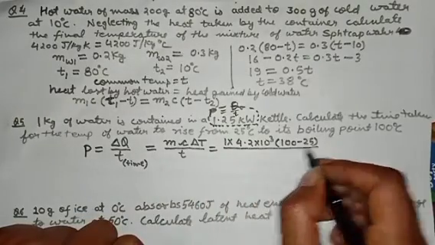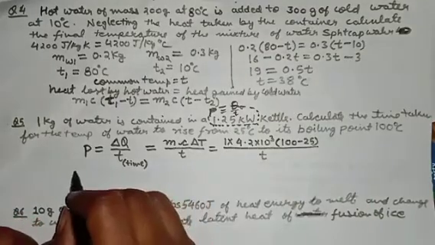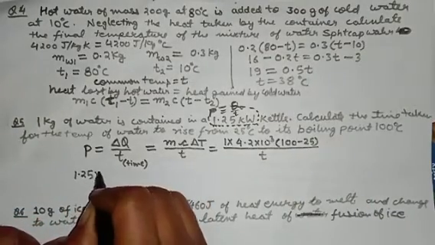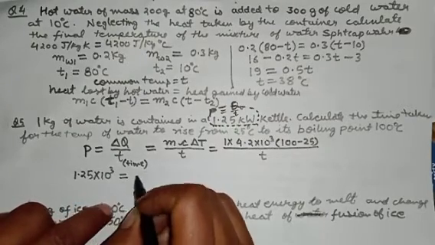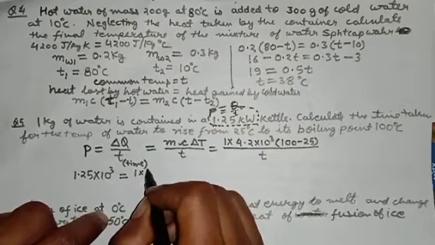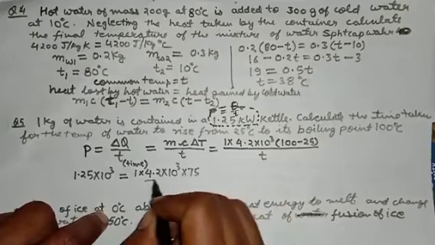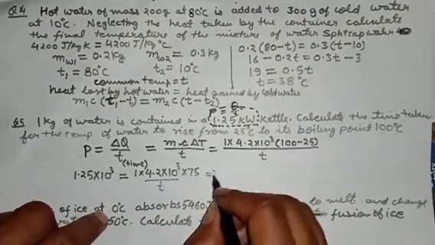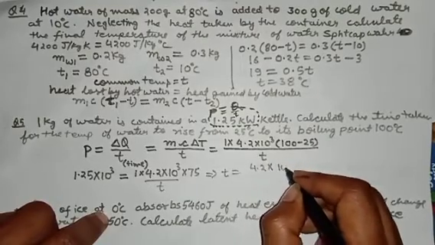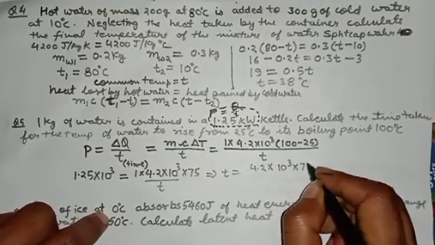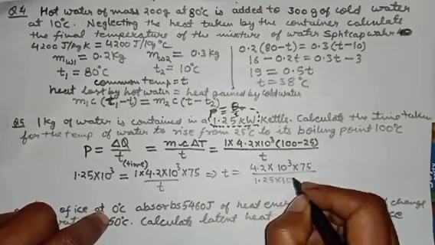Divided by time, we don't know the time, but value of P is 1.25 kilowatt. 1.25 kilowatt means 10 to the power 3. I'm not writing unit here, so it looks like this. So T will be 4.2 into 10 to the power 3 into 75 upon 1.25 into 10 to the power 3.